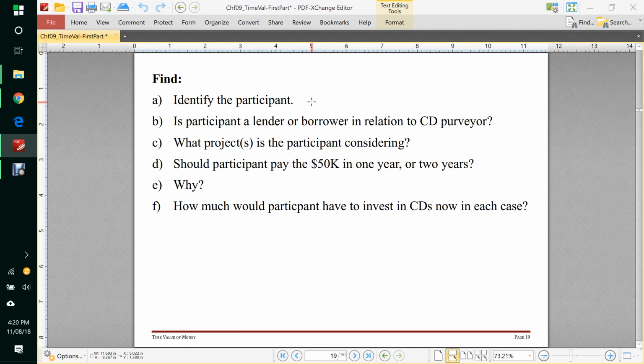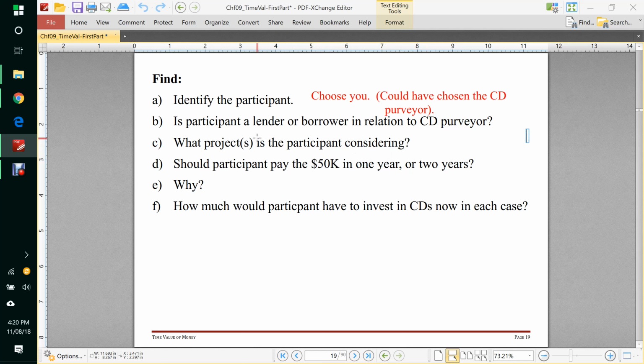So let's choose you. We could have also chosen the CD purveyor, and either one would be fine. The key thing is we have to choose one player, one participant, and not get them confused, and stick with that one for the whole problem.